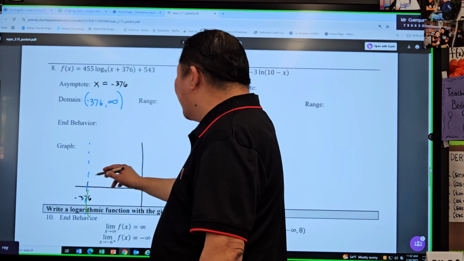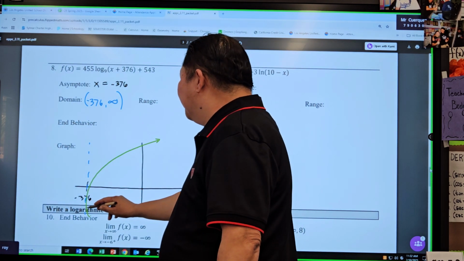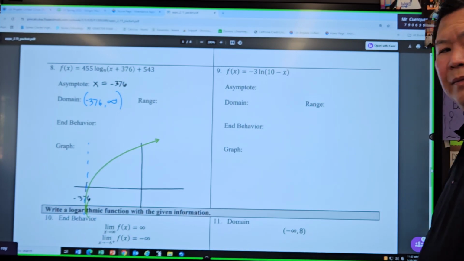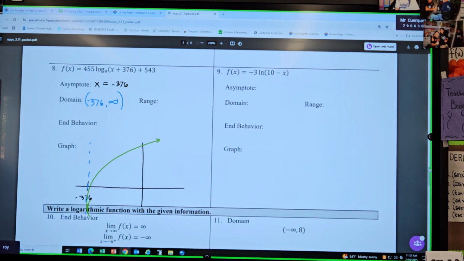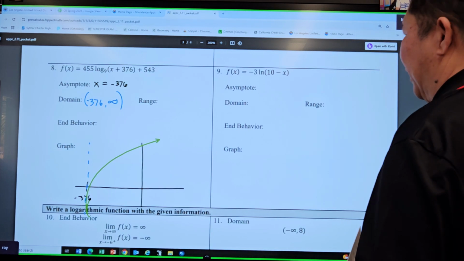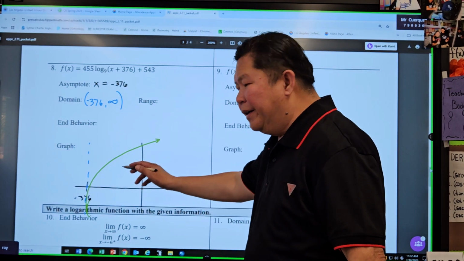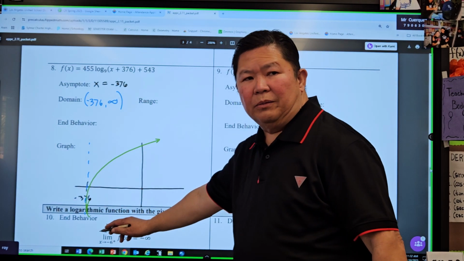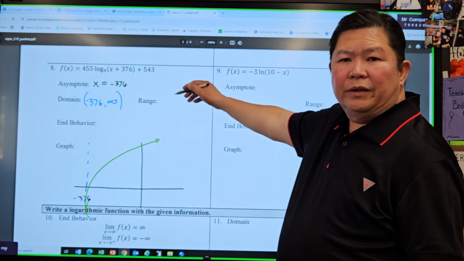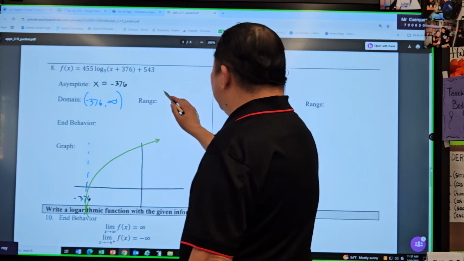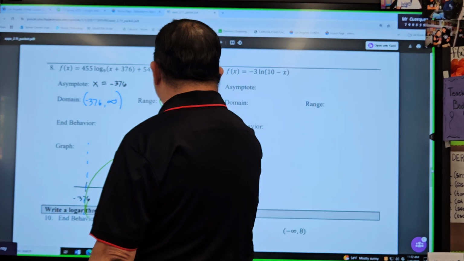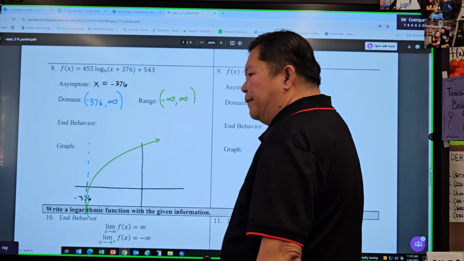Your graph looks this way. Is my graph similar to your Desmos graph? More or less similar. So what about the range? Look at the value of y. Starting right here at the bottom, negative infinity, all the way to the top, positive infinity.